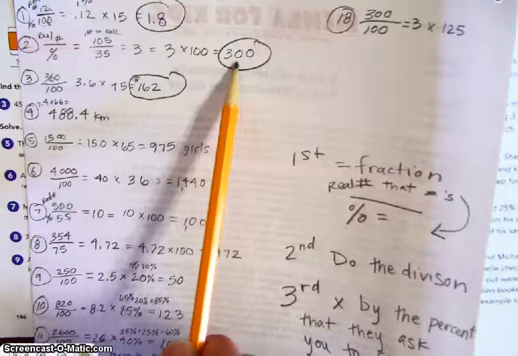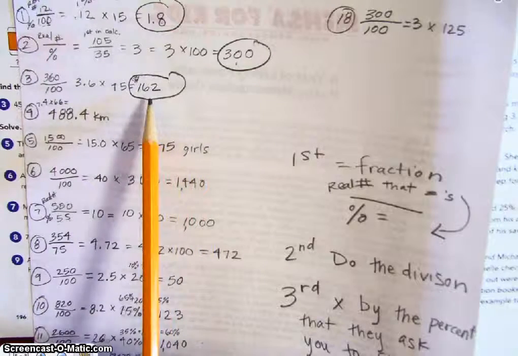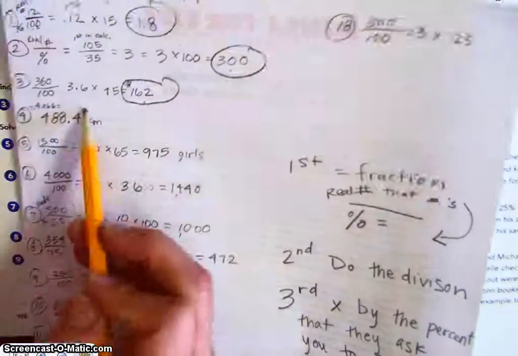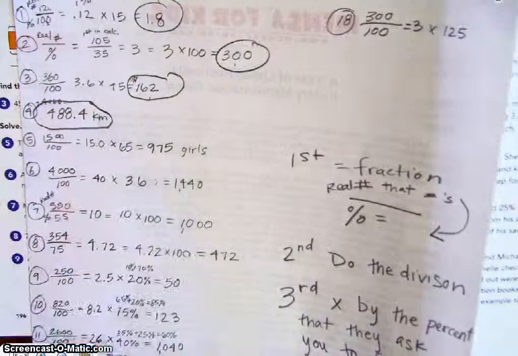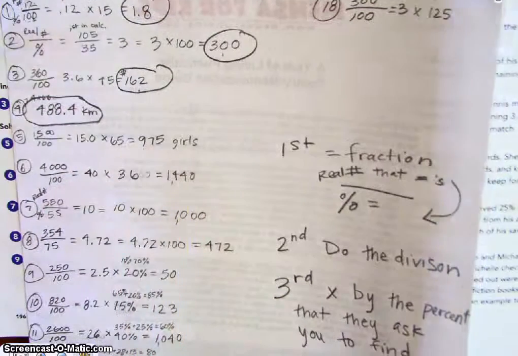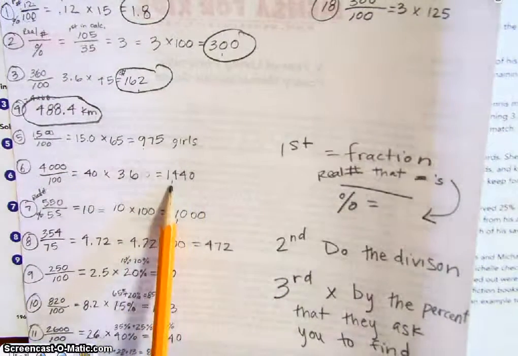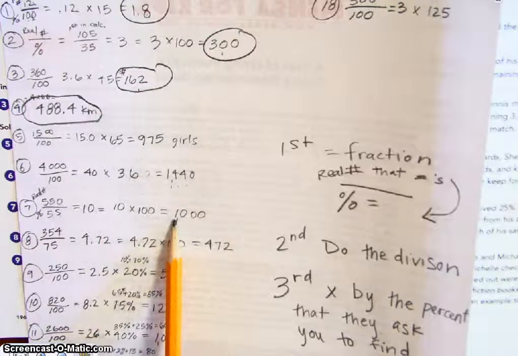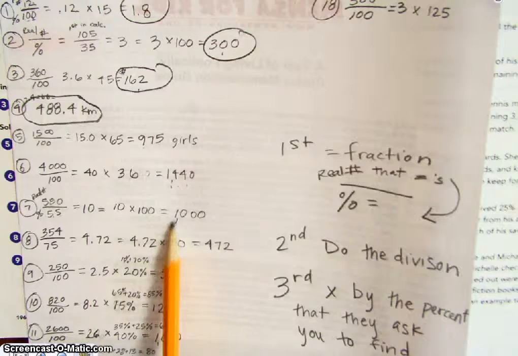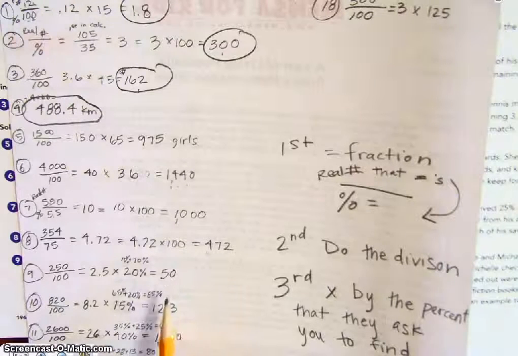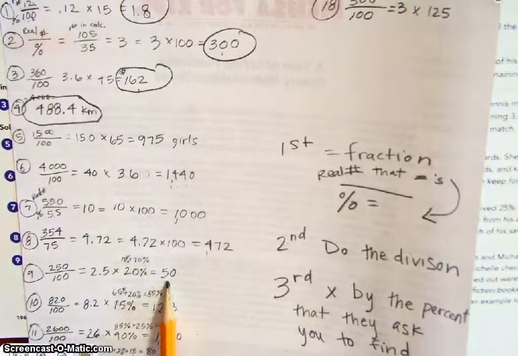Number 2 is 300. Number 3 is $162. Number 4 is 488.4 kilometers. Number 5 is 975 girls. Number 6 is 1,440. Number 7 is 1,000. Number 8 is 472. Number 9 is 50 CDs.